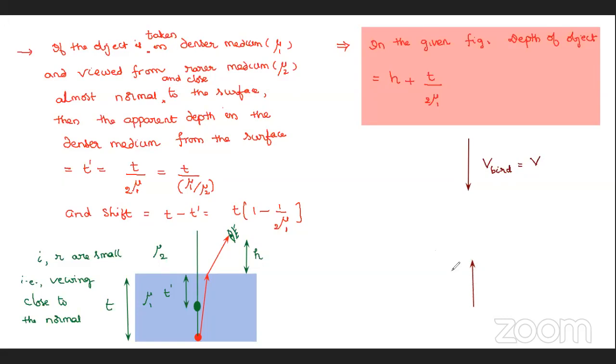So you understood my question? Yes, sir. The fish is not at rest, the bird is not at rest. The bird is trying to fly towards the normal, and the fish, which should actually escape, is throwing a challenge and moving towards the surface. This is the velocity of the fish, let it be u. Now my question is, what happens in this case?